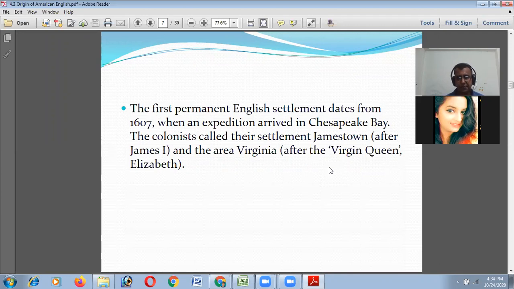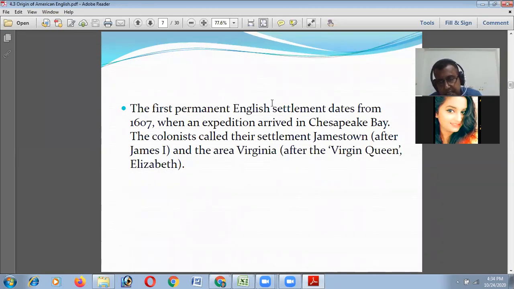Chesapeake Bay. This is the first formal settlement in America by the British colonists. And the colonists called their settlement Jamestown, after the English king, James the First. And the area Virginia, after the Virgin Queen, that means Queen Elizabeth.